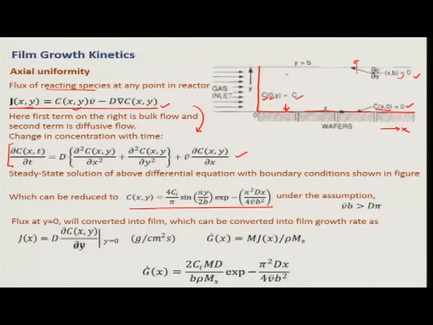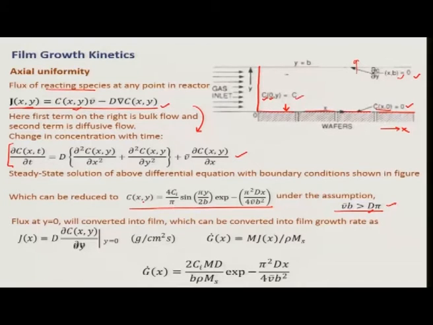So, these are my boundary conditions, and if we solve this partial differential equation with these boundary conditions, under the assumptions that the velocity and the diffusion constant are uniform, which are valid, we get this distribution of concentration in x and y.